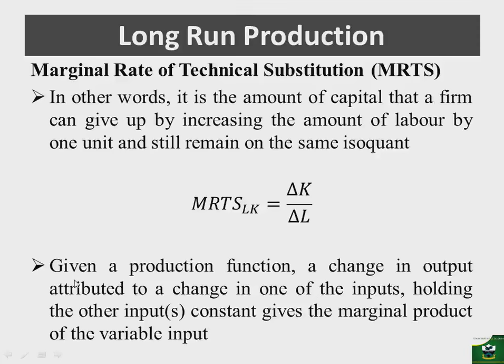Okay, so given a production function, a change in output attributed to a change in one of the inputs holding the other inputs constant gives the marginal product of the variable input.